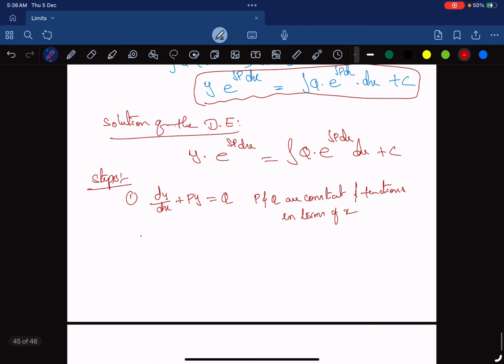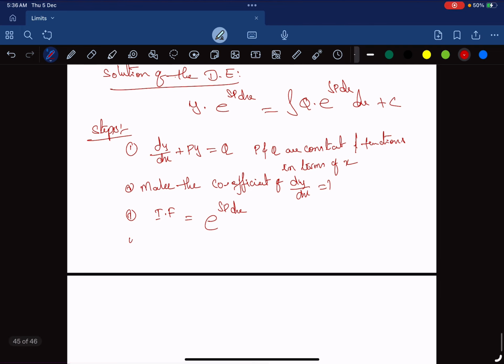Make the coefficient of dy by dx equal to 1. Then find the integrating factor: the integrating factor is equal to e power integral of p dx.